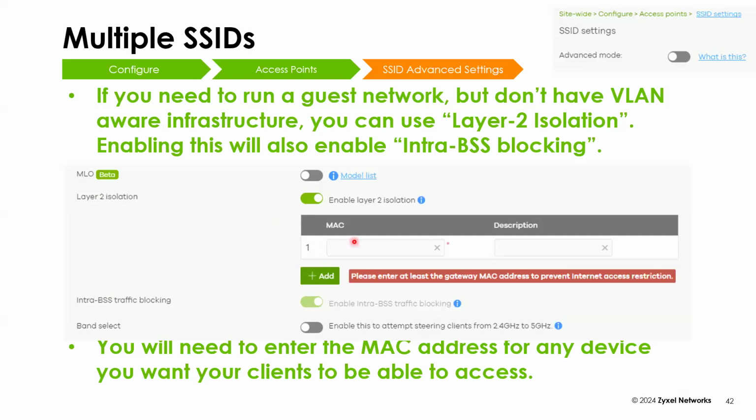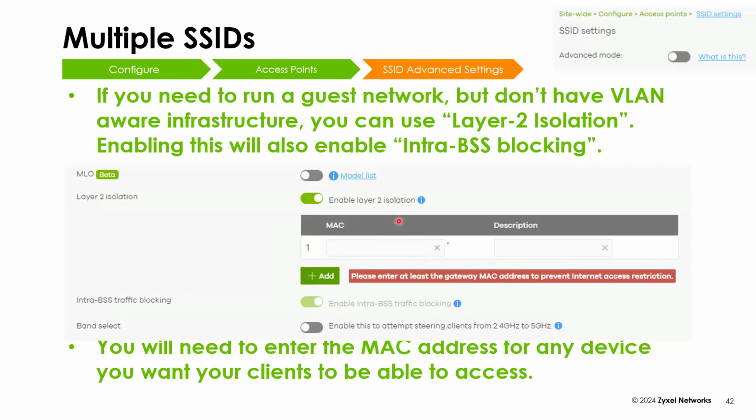So what you do generally, if you're providing guest public hotspot access, is you simply put in the MAC address of your router's WAN port so they can only send data to your router to go outbound. You can also maybe add a printer if you need to give them printer access, or a file server if you need to give them file server access.